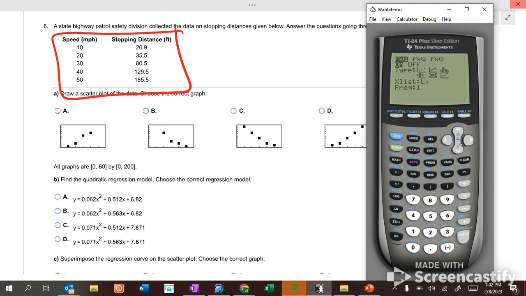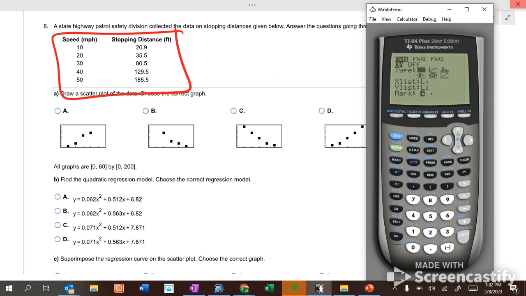I'm going to turn them on, and I want the dots, not anything else. So I'm going to push on the dots, the first one, and I'm going to compare list 1 and list 2 because that's where I put my data. Is everybody good with this point? Second, plots, go to the first one, and we're going to turn it on and have these highlighted.